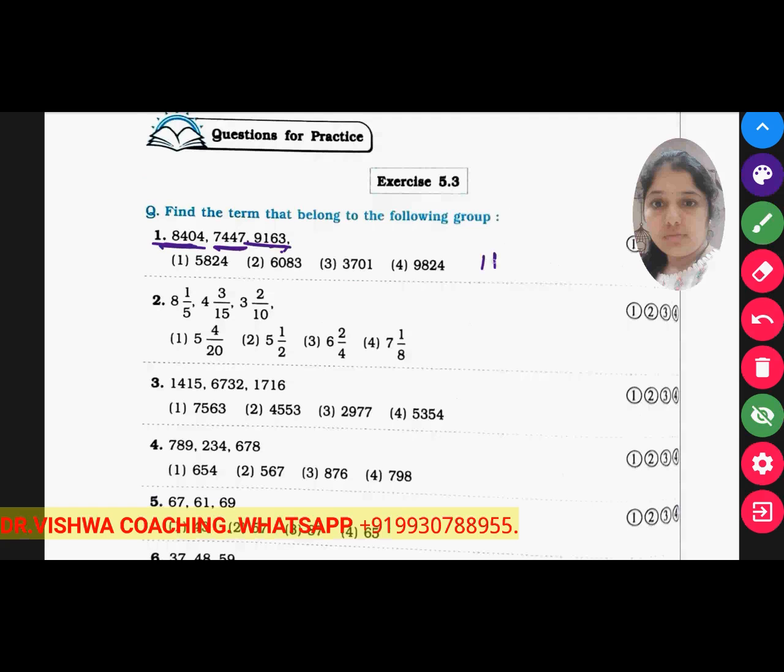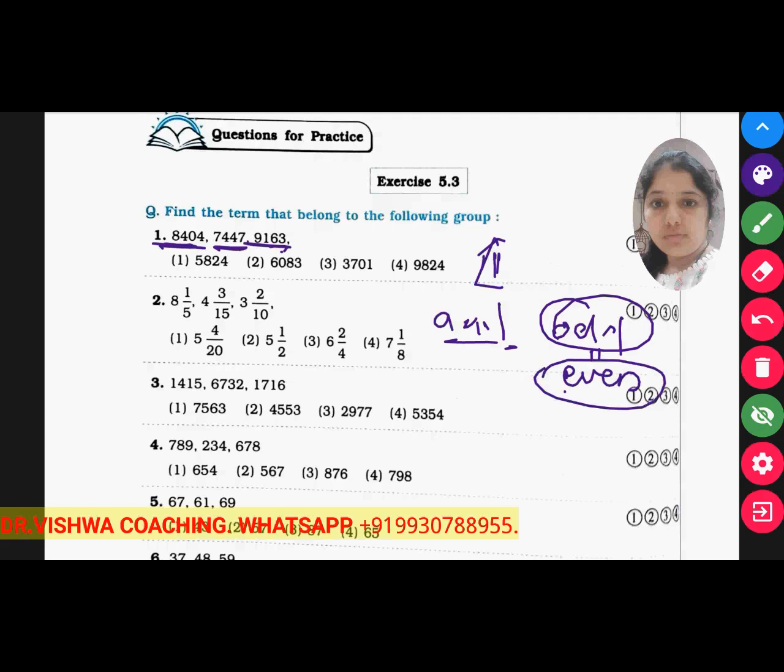For 11 we have a divisibility test rule: we add the digits at odd places and the digits at even places, and if both are equal, then the given number is divisible by 11. If not, you have to find the difference between them, and if that difference is divisible by 11, again that number is divisible by 11.